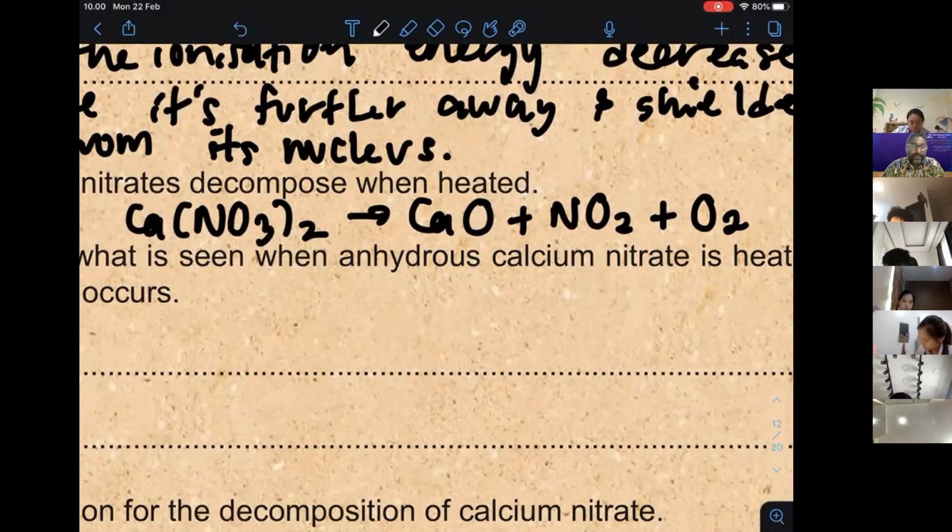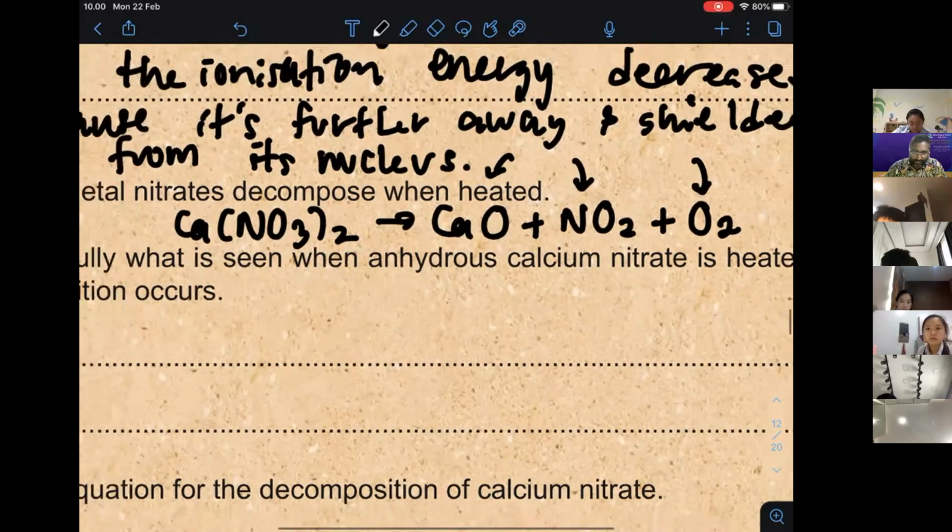decomposition of nitrates. They do give you all this, but no need to balance. This is just to show you. This is going to be a white solid. Generally group 2 oxides are going to be white. Here this is going to be a brown gas, a brown acidic gas.